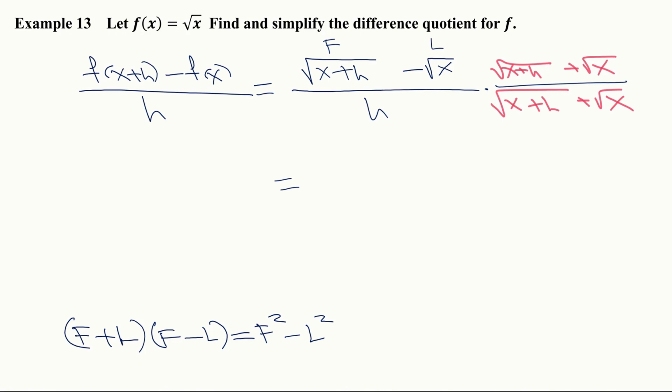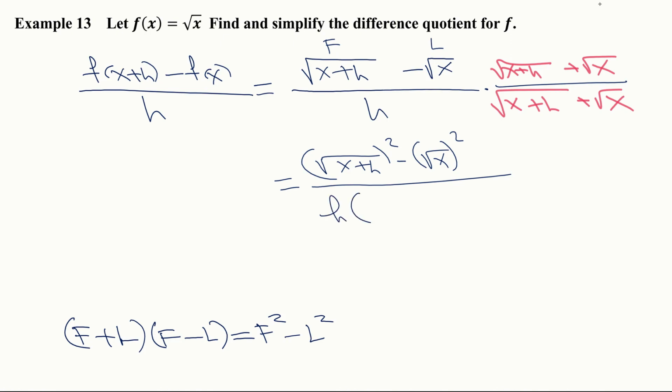So we're going to get f squared minus l squared, which is square root of x plus h squared minus square root of x squared, over h times square root of x plus h plus square root of x.